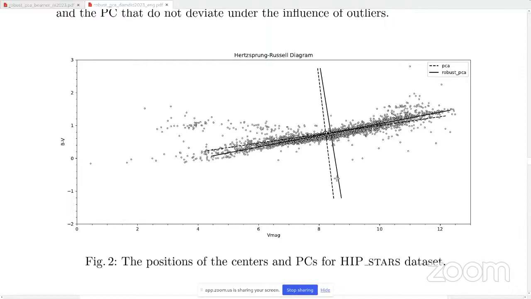If we try classical principal component analysis, we see the same behavior. The principal component axes are rotated in the direction of the outliers.